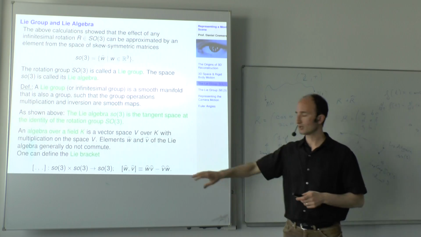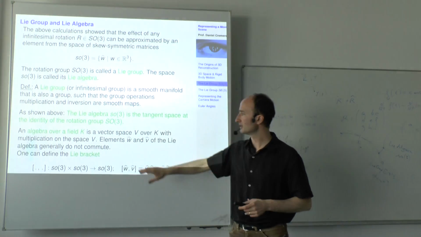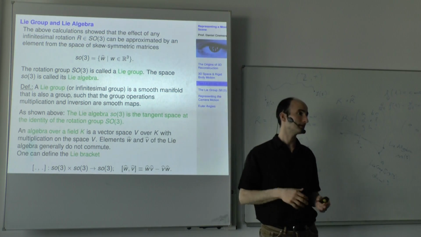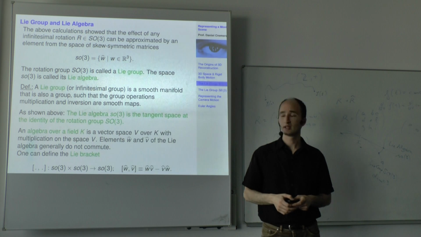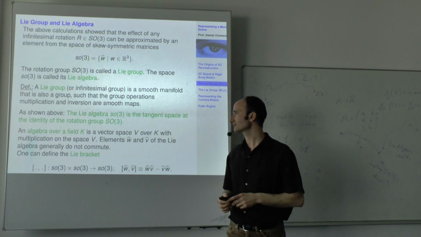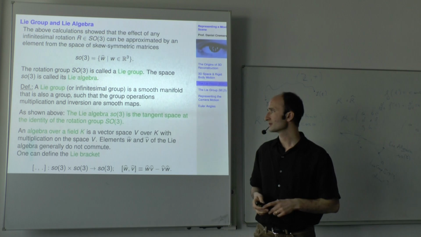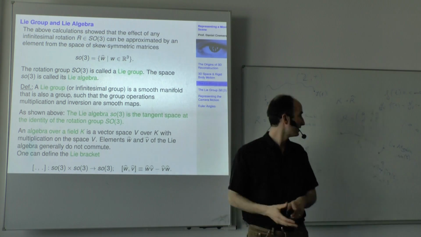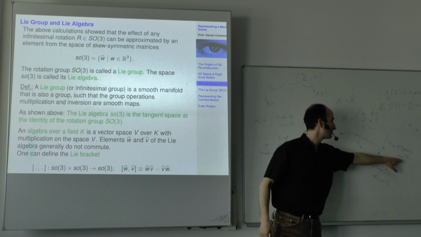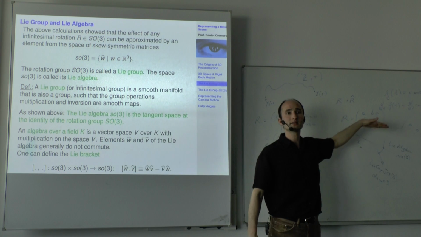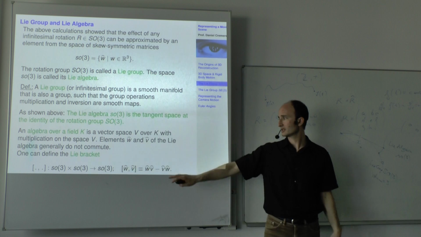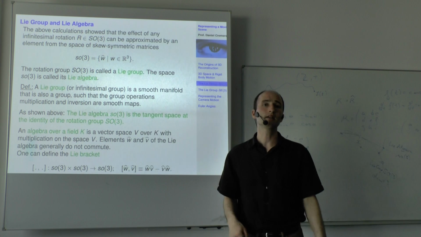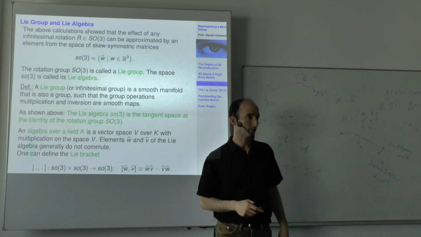And so this is called the Lie product or the Lie bracket or the commutator. There's different names for that. So that's in general an algebra, and this is why the skew-symmetric matrices, they're a linear space, they're a vector space, but you have this additional product that you can define, and that makes them an algebra.